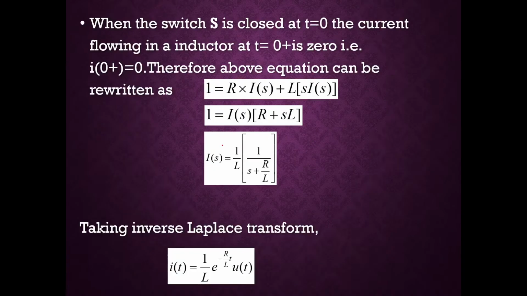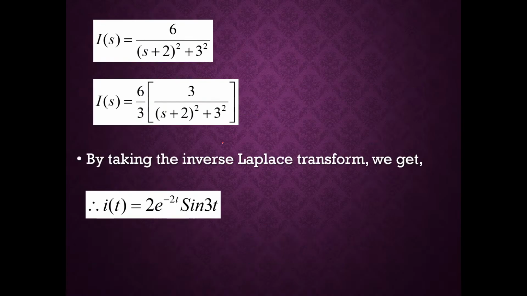So this formula is similar to the above one. So in inverse Laplace, this is b, this is b square, and this is s plus a whole square. So we just solve it. From that inverse Laplace formula, you can get this. 6 by 3 is 2.